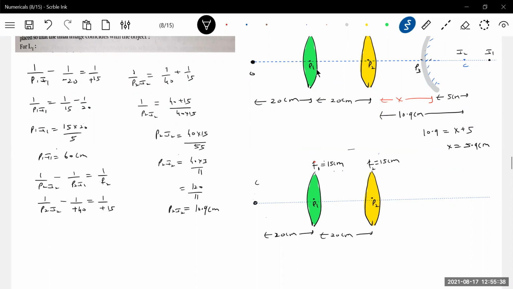This image, this mirror, exactly I'll form. Where is I2? I2 is here, no? The pole itself of this mirror will shift there. I think it is possible, no? So this is I2. I1 will be somewhere here. Let's not bother about I1. Center of curvature will be here.